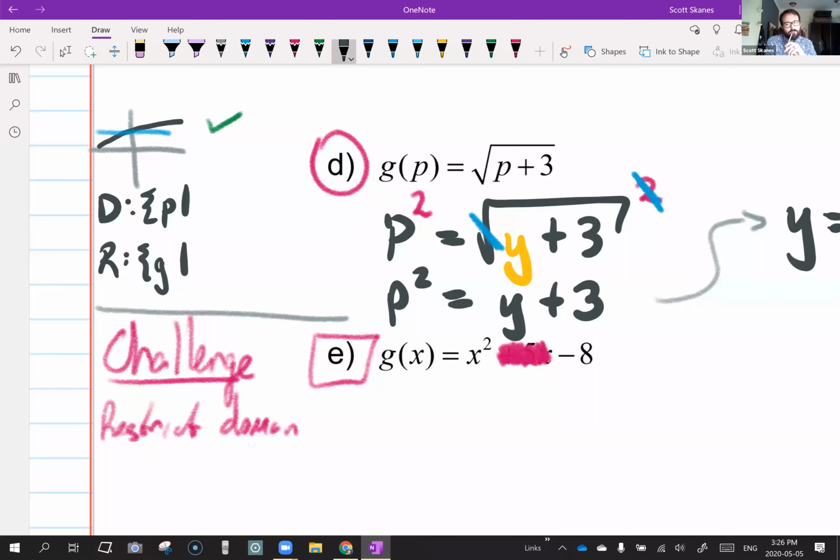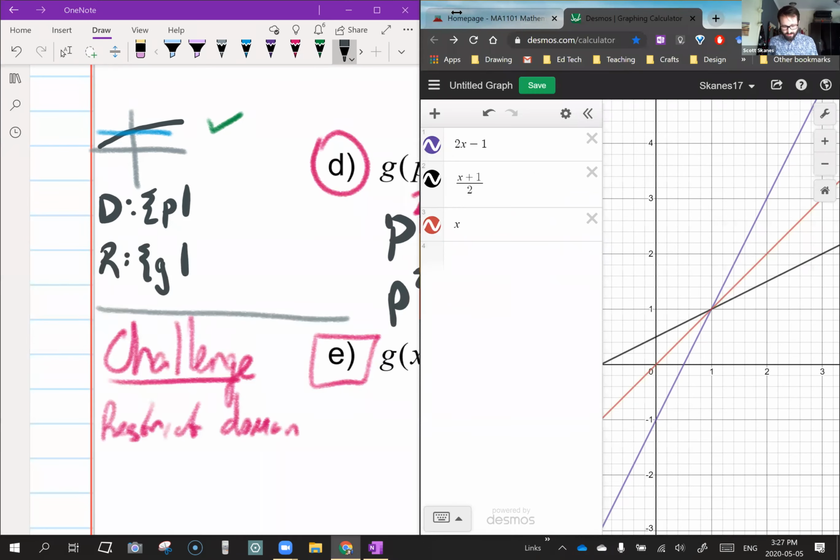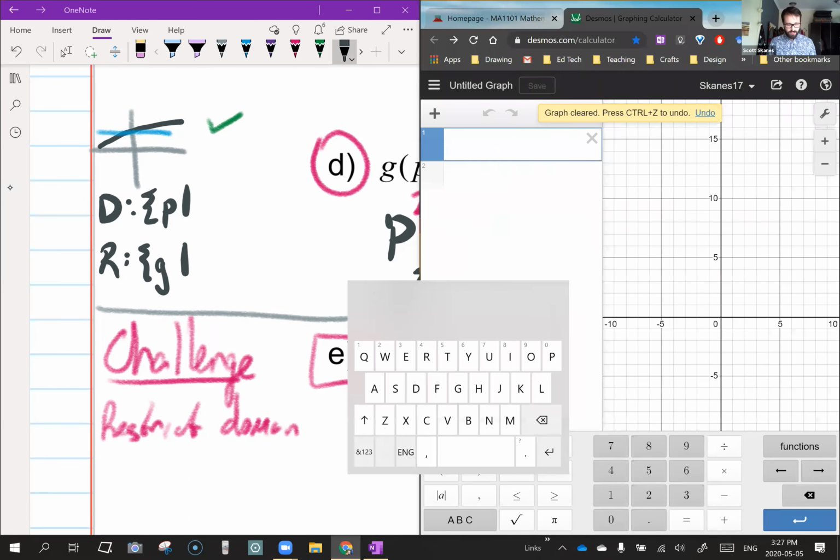We don't really need to factorize. In fact, what I would recommend you do is graph it. You have the ability to put this into your supercomputer, which is your phone. This is literally a supercomputer. I don't know if you know that. And just get the function and then steal the domain and range from that.